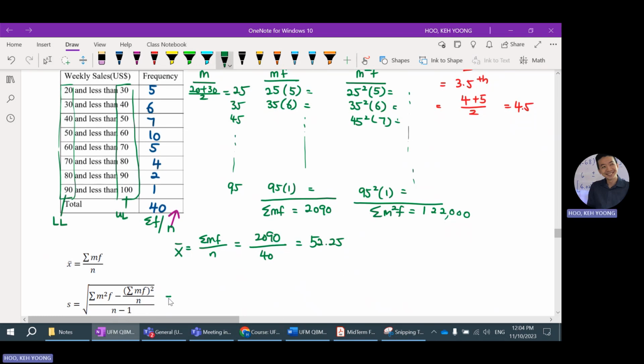So my sample standard deviation would be the square root of 122,000 minus 2090 squared over N, where N is my total frequency. Right, substitute the values into the formulas.